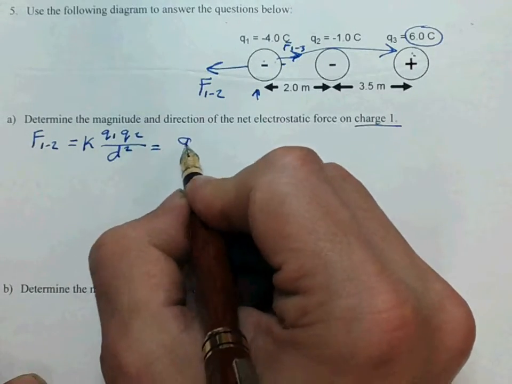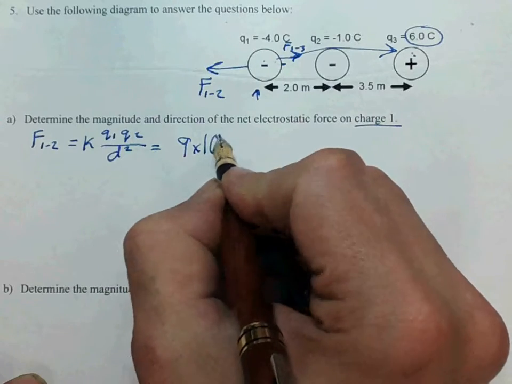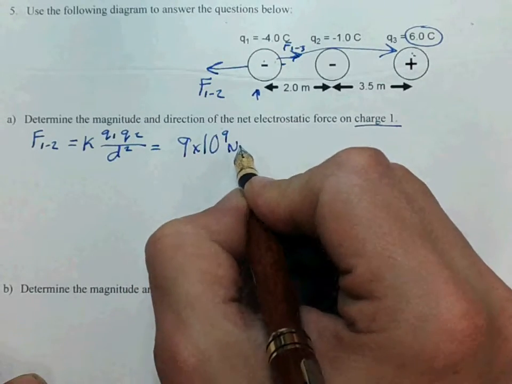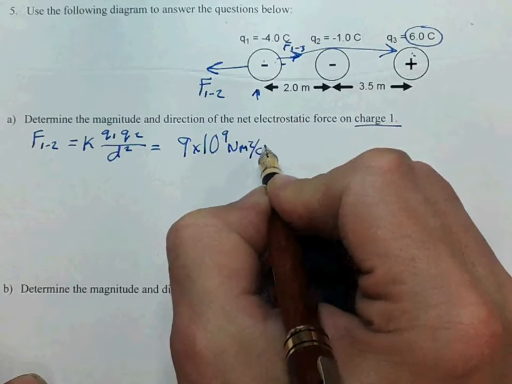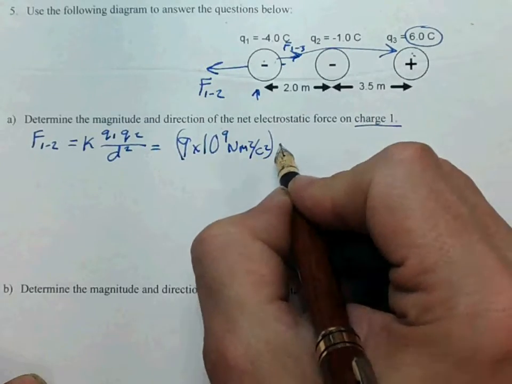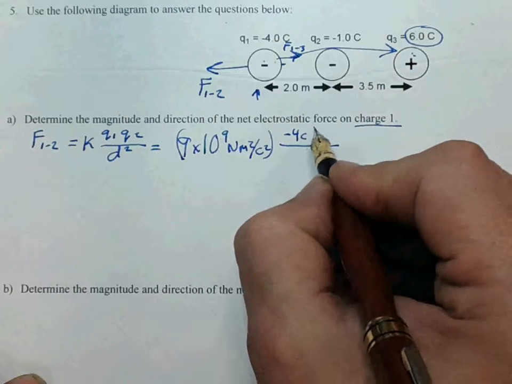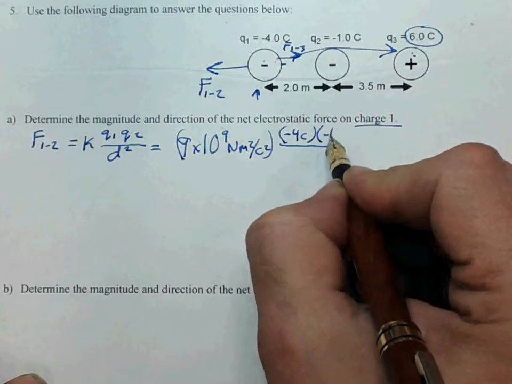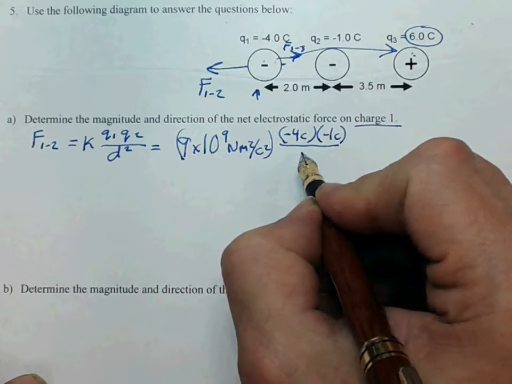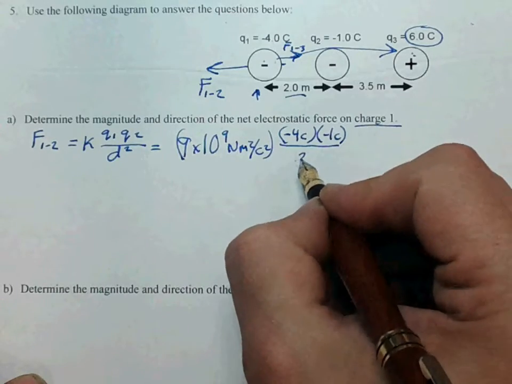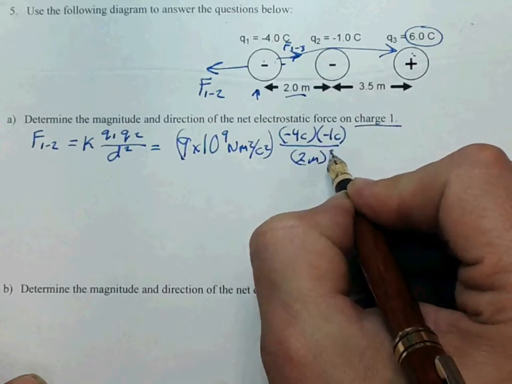So we have 9 times 10 to the 9th Newton meters squared per Coulomb squared times negative 4 coulombs times negative 1 coulomb divided by this distance, 2 meters, quantity squared.